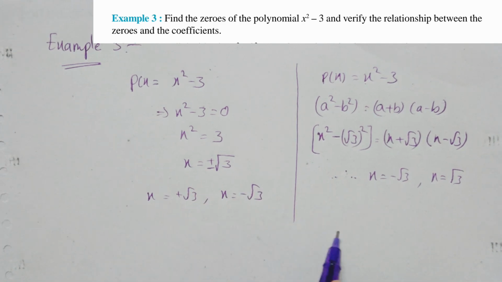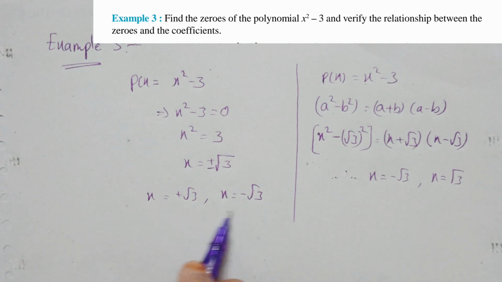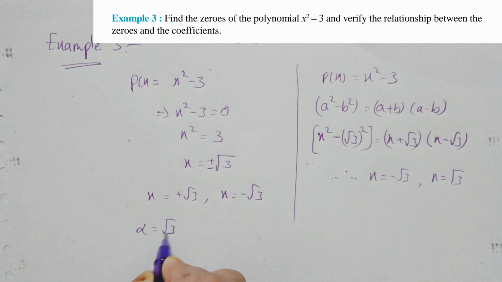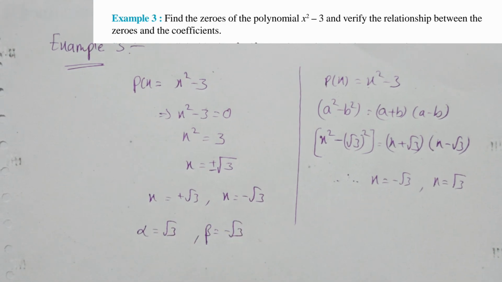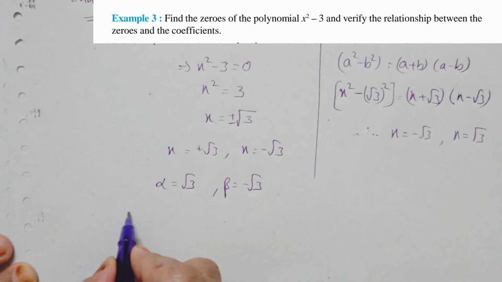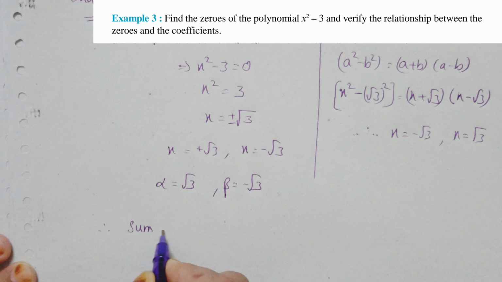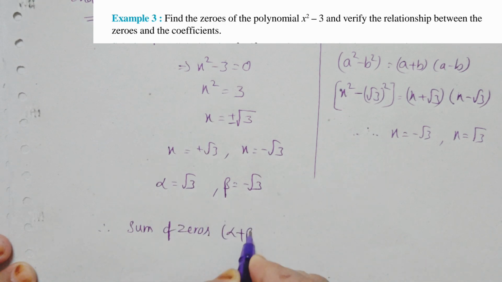Now we'll find out. Here we got two zeros. One is this and second one is this. Let us treat it as alpha equal to plus root 3 and beta equal to minus root 3. Now we'll find out the sum of zeros. Therefore, sum of zeros which are alpha plus beta.